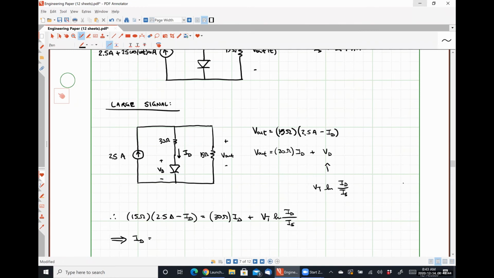We're going to put in a guess value. I'm going to make a stab in the dark and say it's 1 amp. So in your, or at least in the TI calculator doing the one equation, one unknown solver, you have to put in a guess value. If you put in a guess value that's wildly outside the range, it might tell you something like you have a domain error. So start off with something, I don't know, small.